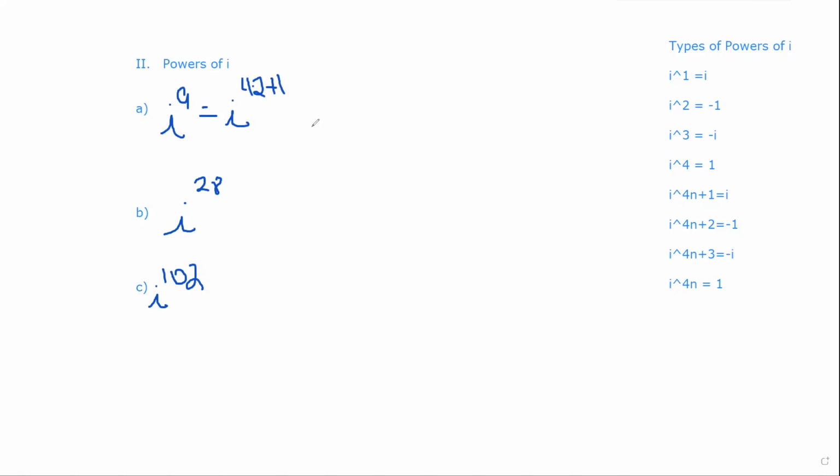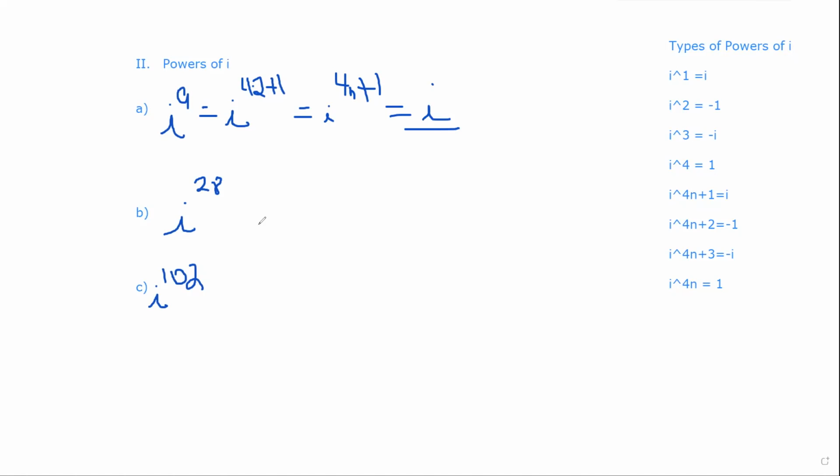So in this scenario, we realize that this fits the type of being i to the 4n plus 1, because the remainder, when we divide 4 into 9, we have 1 left over. So that leaves us here the plus 1. So we know our end result will be equal to i. That is how we can identify the powers of i. That's the pattern, the power that it fits.